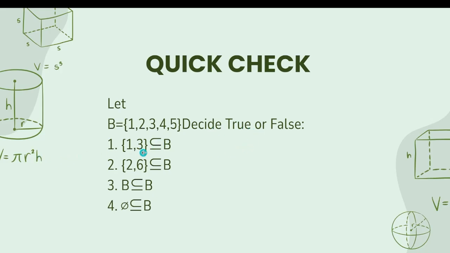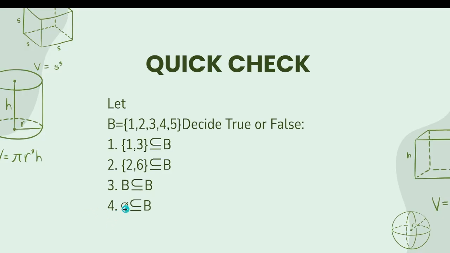The first question is that {1, 3} is a subset of B. That is true because these two elements, 1 and 3, are inside B. The second question is that {2, 6} is a subset of B. That is false because 2 is an element of B but 6 is not an element of B. Now the third question is that B is a subset of itself. And that is true because we learned that a set can be a subset of itself.